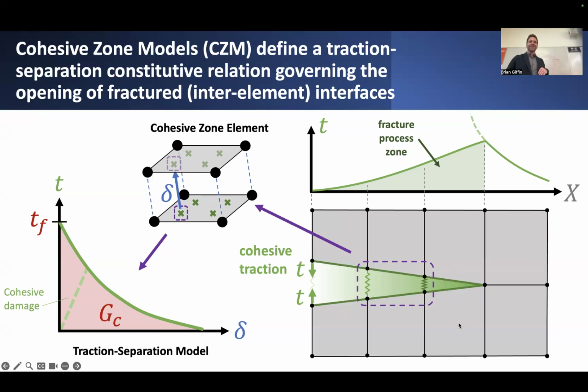And once I insert this cohesive zone, I basically have to measure the relative displacement jump across this interface between these two surfaces. And from this description of the displacement jump, I can measure the relative traction, or the normal stress, across this interface as a function of this opening gap displacement.